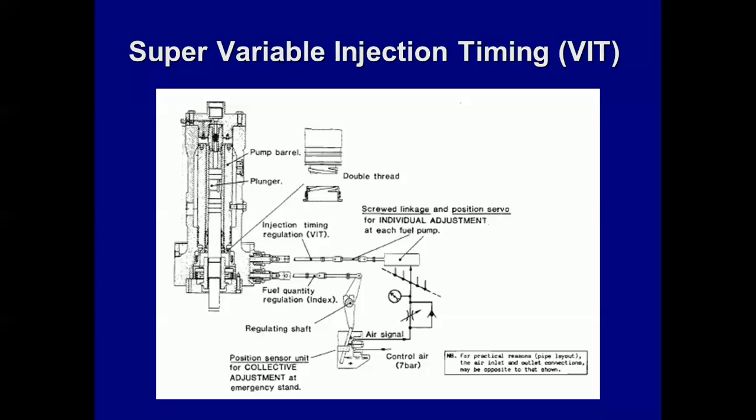So your governor output, and this is out of Burmeister & Wain, this is their drawings. When the governor output changes, it changes through this lever arm, and that lever arm is pushing on the button on this regulator, which changes your air signal to the pneumatic cylinders.